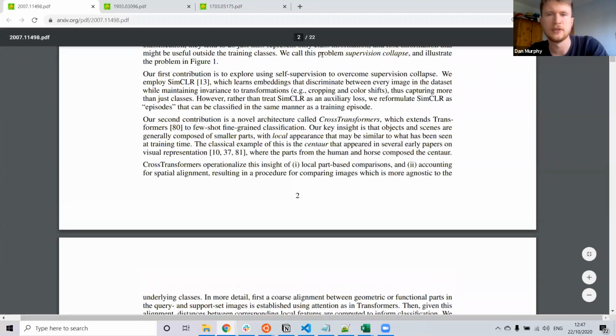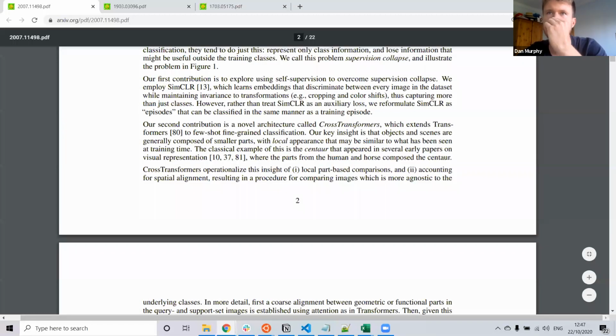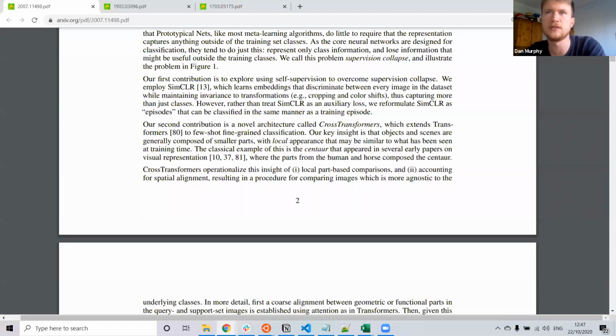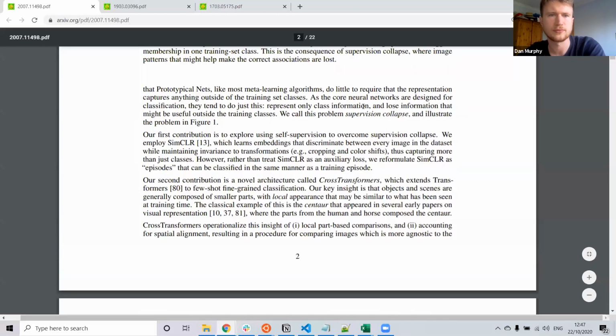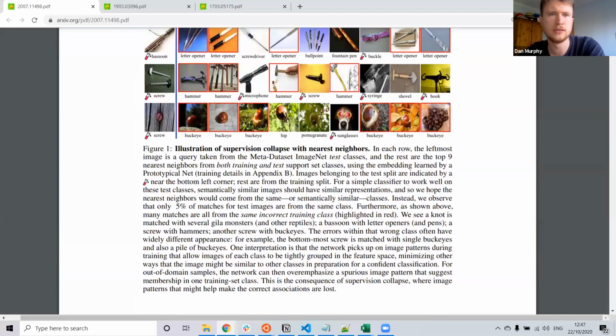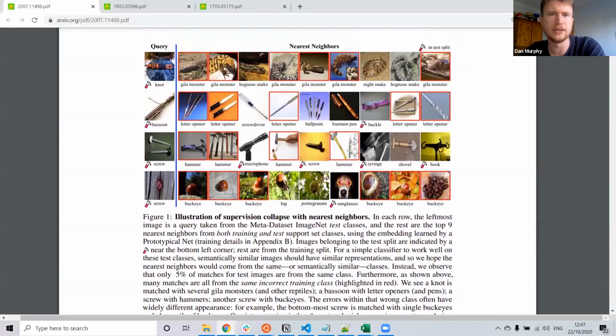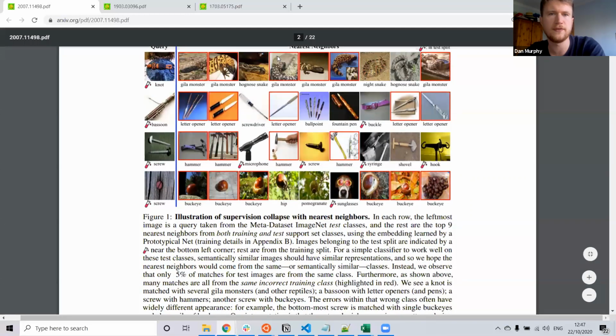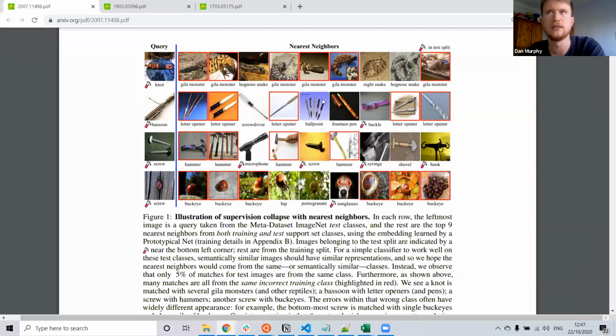Sorry, Ben's just asked, when they talk about domain shift, do they mean a shift in the domain of the embedding? I think what they mean is a shift in the distribution of data.